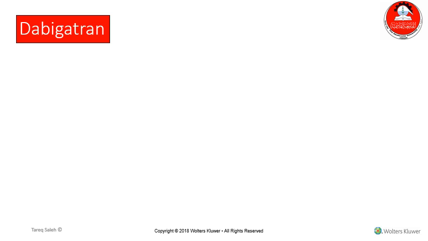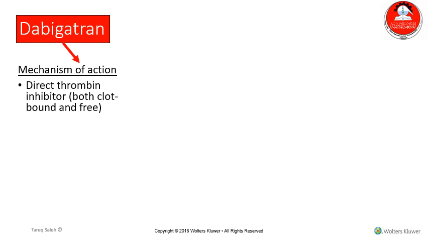These drugs can either be direct thrombin inhibitors or direct factor 10 inhibitors. An example of direct thrombin inhibitors is the drug dabigatran. Dabigatran directly inhibits thrombin, whether it was bound to the evolving clot or if it was circulating in plasma.